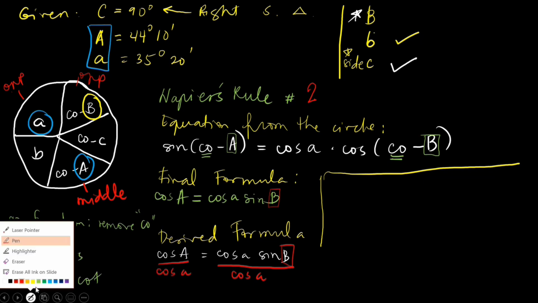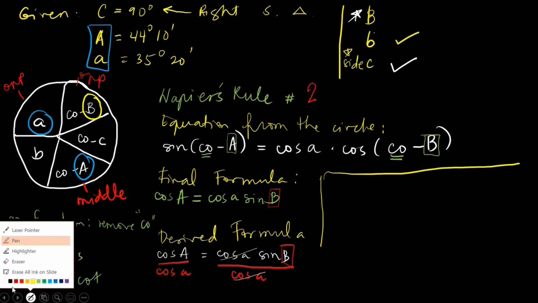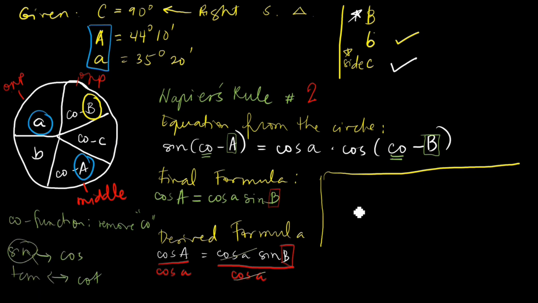And then after that, we can already cancel. Okay, so what we have is the cosine of angle A over the cosine of side A equals sine of angle B. So we can write it also this way. Sine of angle B equals cosine of angle A over cosine of side A.